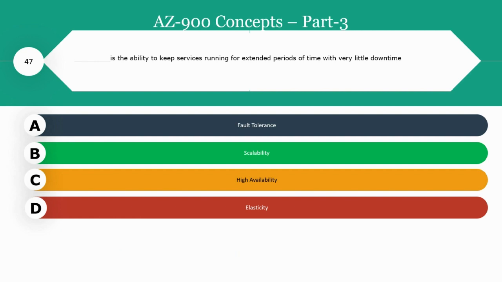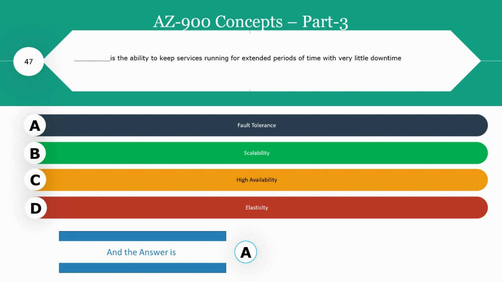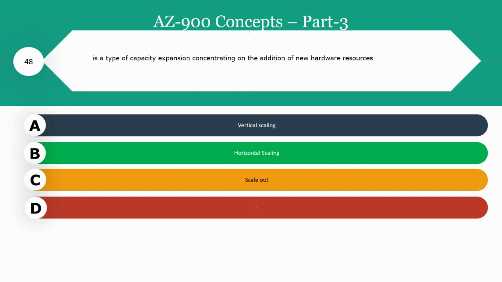So the closest answer will be fault tolerance. Fault tolerance is the ability of an operating system to respond to a hardware or software failure. The ability of a system to continue operating despite failures or malfunction is referred to as fault tolerance. So the right answer would be option A.